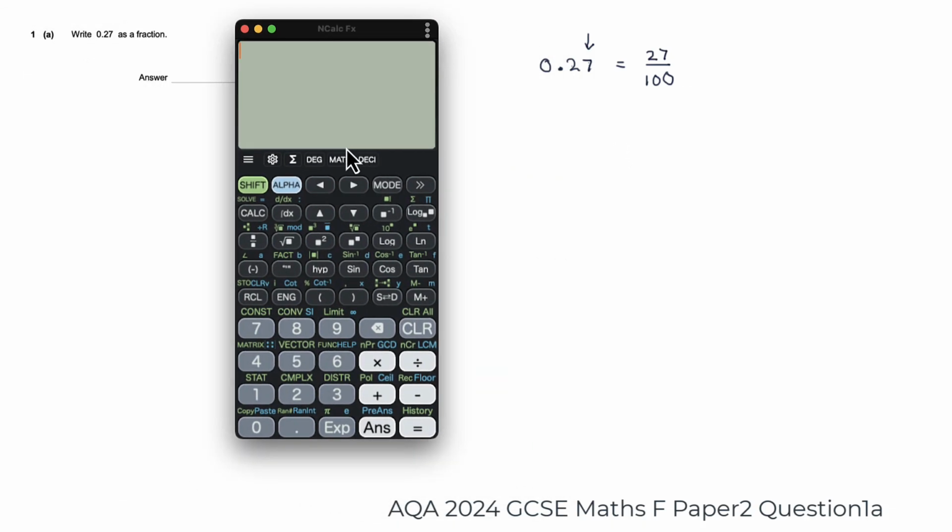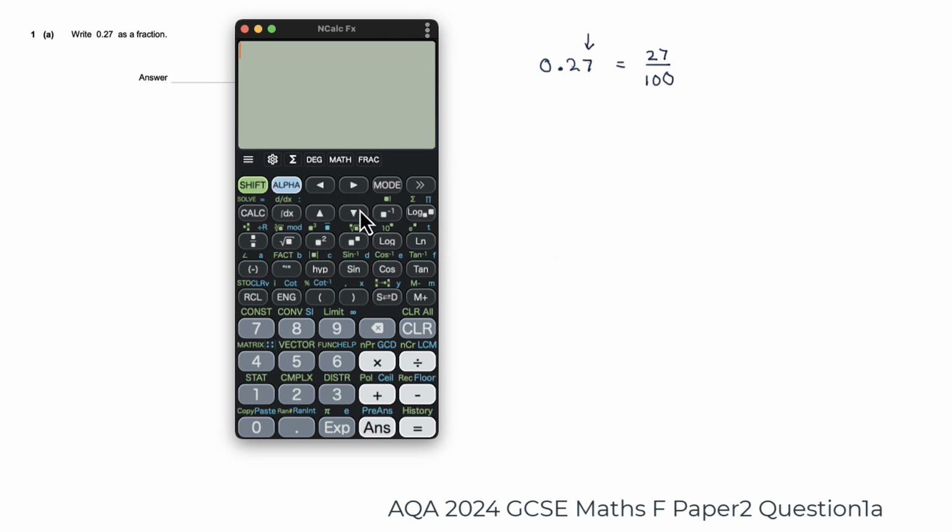If you're wanting to use your calculator, now some calculators have a fraction mode, and look, there's a decimal mode that I'm in. If I click that, it changes to a fraction mode. Now you can only use this if you know your calculator does have a fraction mode like this.